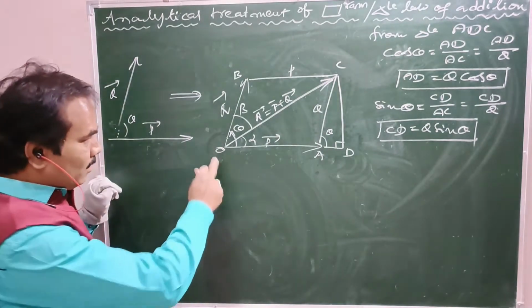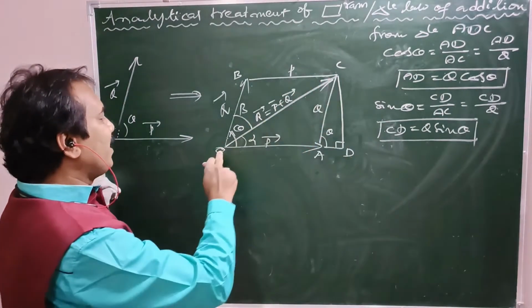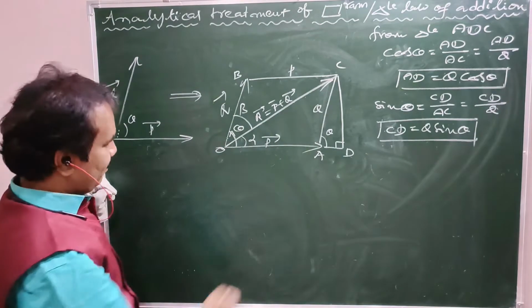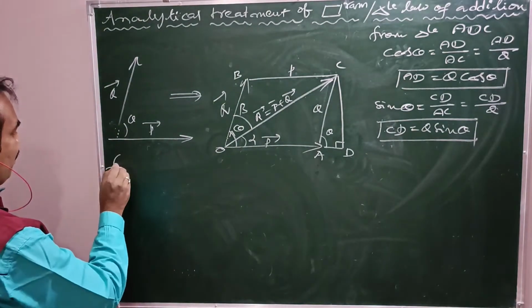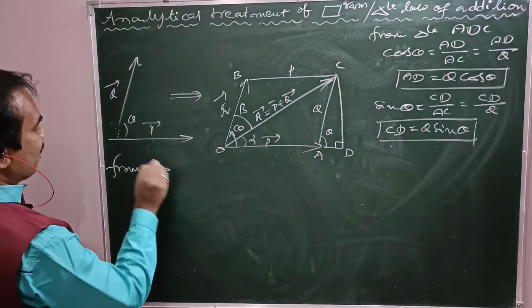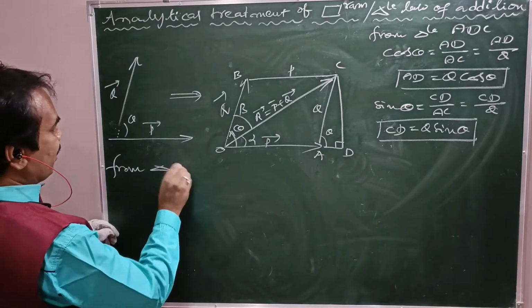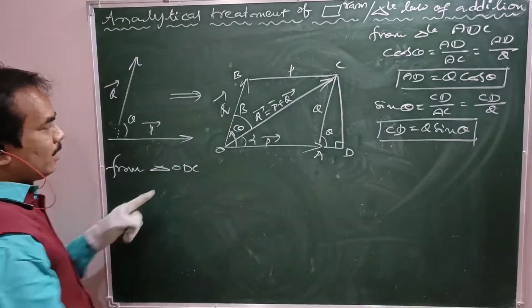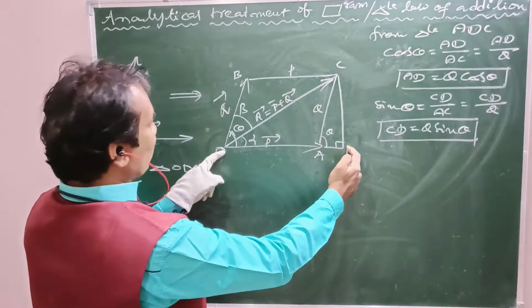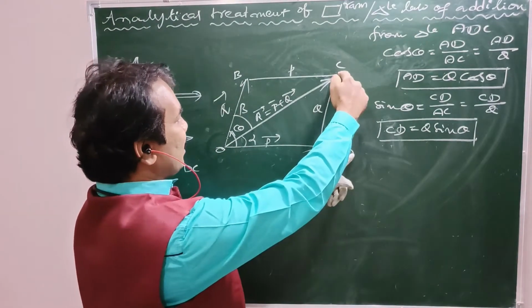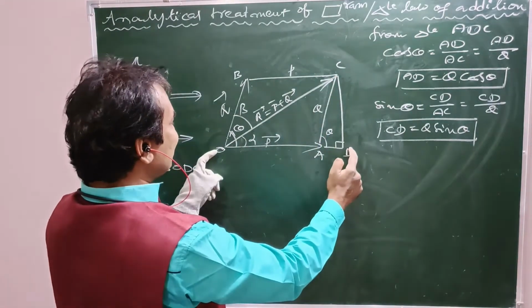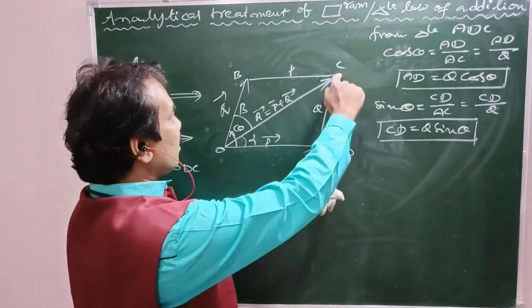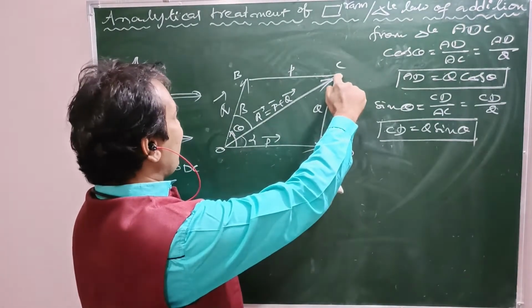Now if I consider the big right angle triangle ODC, see this is one side, OA plus AD, and this is the other side, that is CD. This is the adjacent side, this is the opposite side. Am I right?